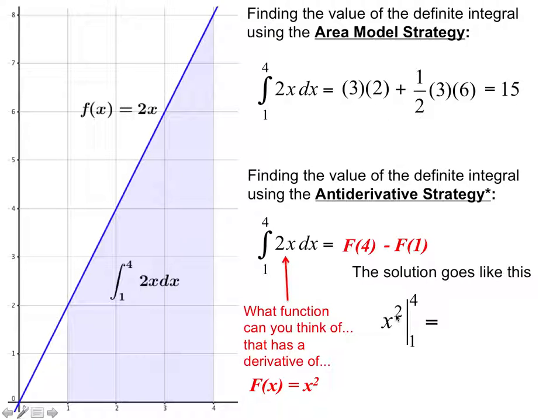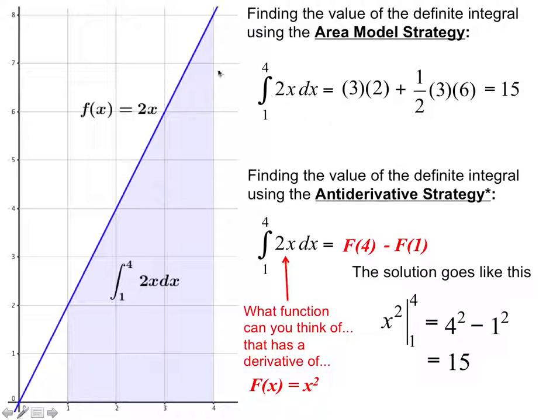What we do is substitute in the upper bound, 4 squared, and subtract the expression we get when we substitute in the lower bound, 1 squared. So we get 16 minus 1, which is 15. And so this antiderivative strategy leads to the same answer as the area model. And that will happen every time.